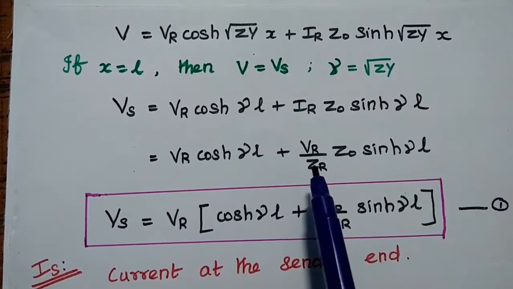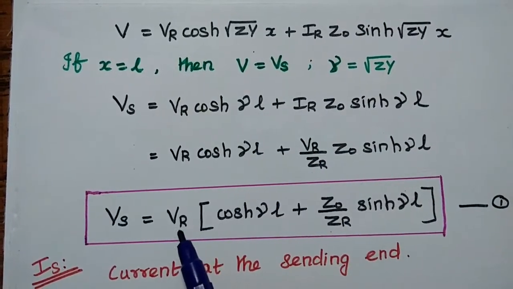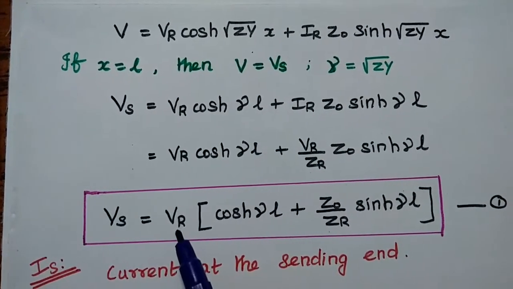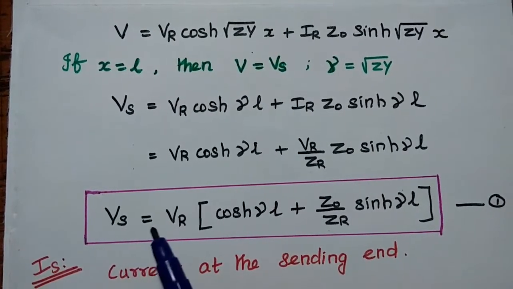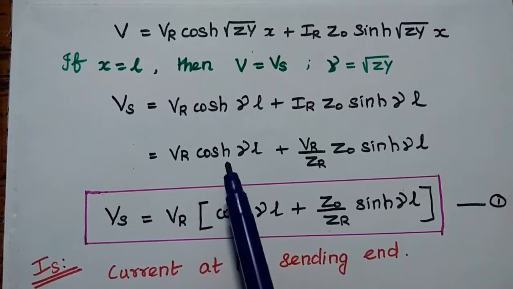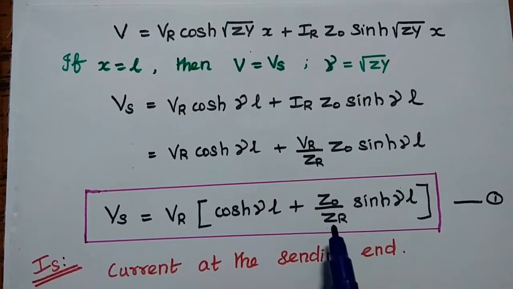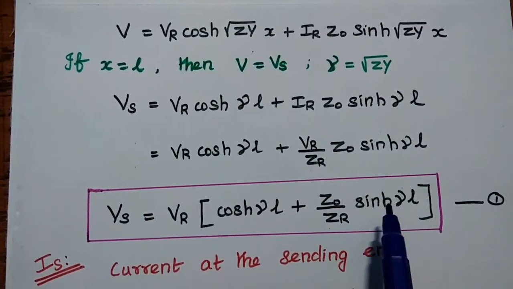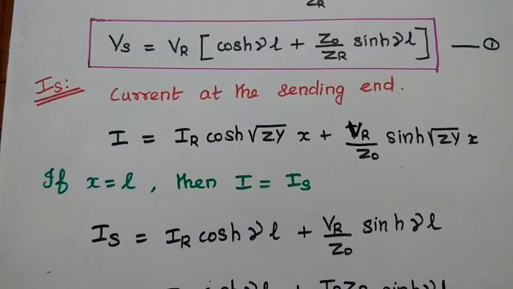From this equation, we can take VR as common, where VR is the voltage at the receiving end. So the voltage at the sending end is equal to VR into cosh gamma L plus Z naught divided by ZR sinh gamma L. Consider this as the first equation.